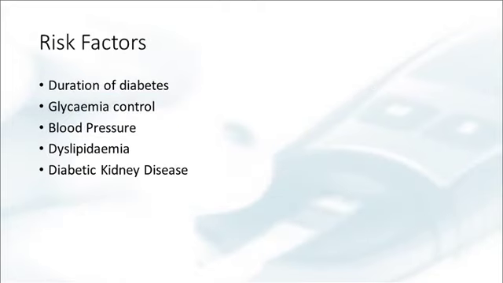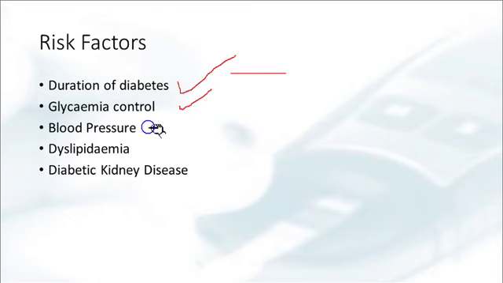So what are the risk factors for diabetic eye disease? Firstly, the duration of diabetes. So the longer you have diabetes, the more likely you are to, of course, have diabetic eye disease. When it comes to glycemic control, the better your glycemic control, the less likely you are to have diabetic eye disease. The worse your glycemic control, that means the higher your HbA1c, the more likely you are therefore to have diabetic eye disease.